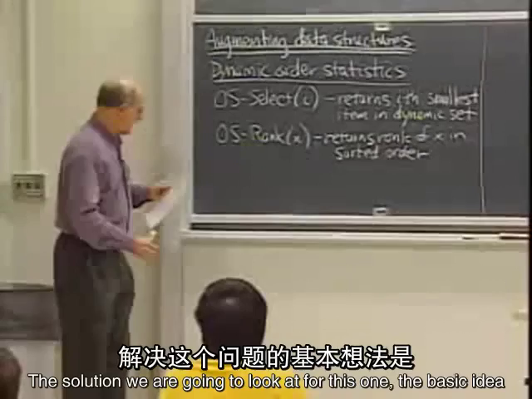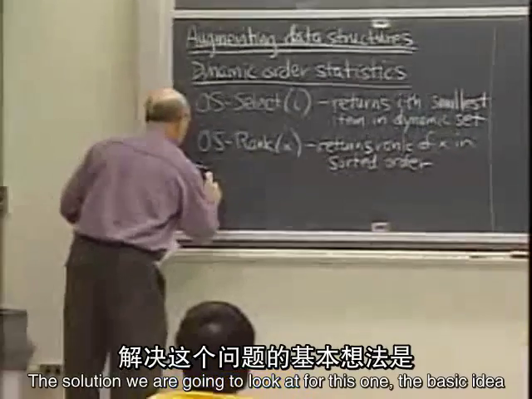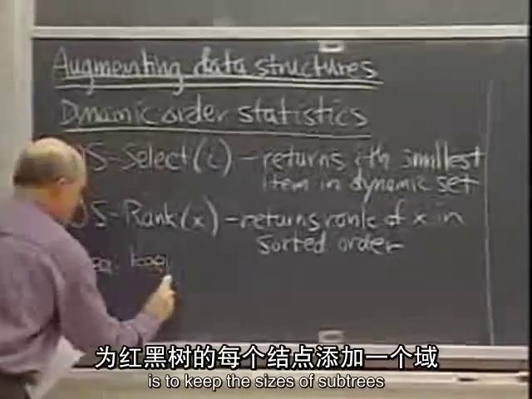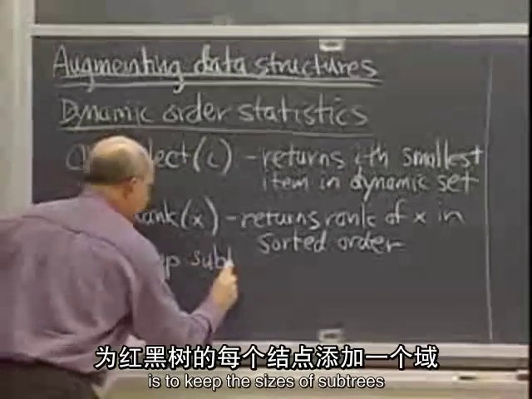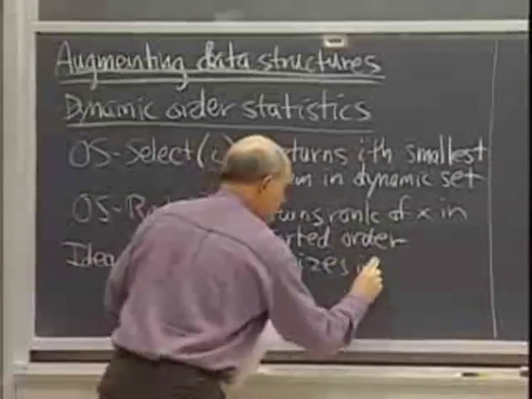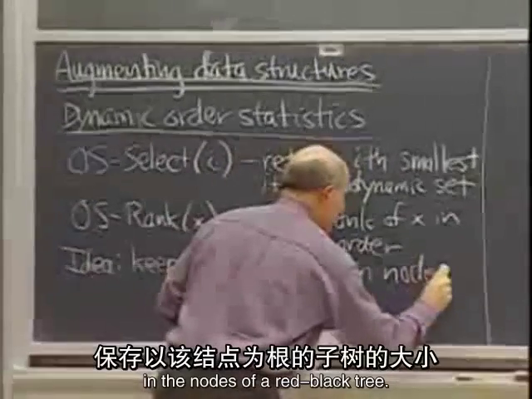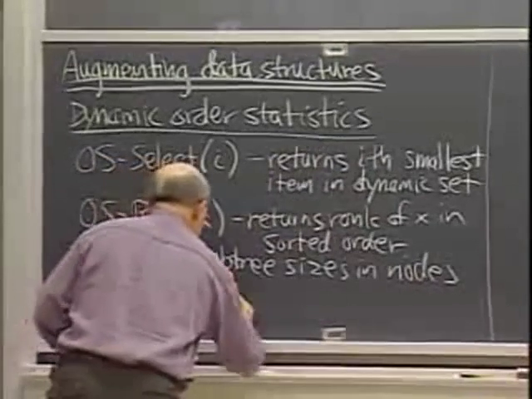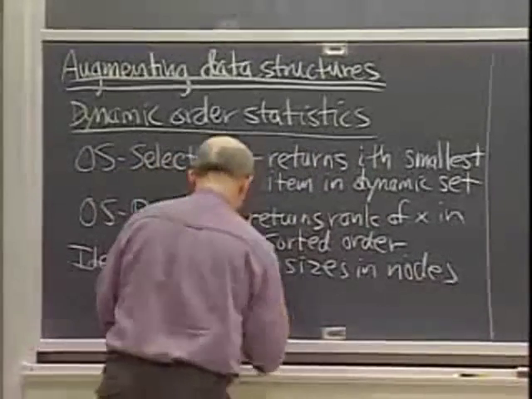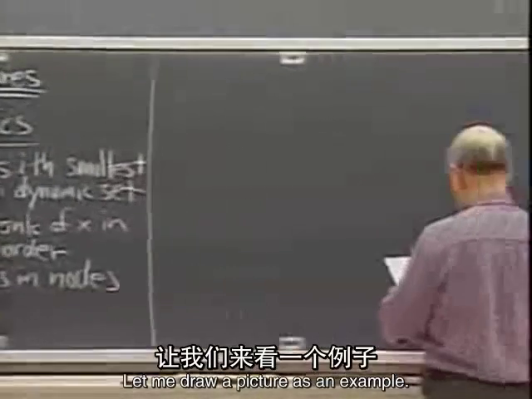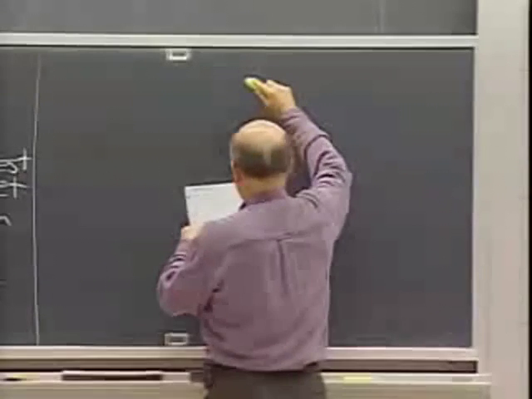So the solution we're going to look at for this one, the basic idea, is to keep the sizes of subtrees in the nodes of a red-black tree. So let me draw a picture as an example.